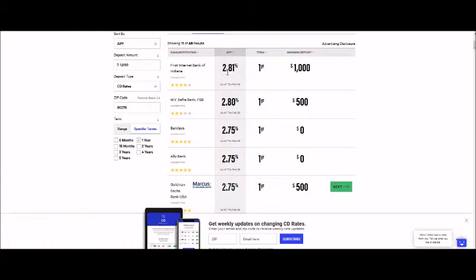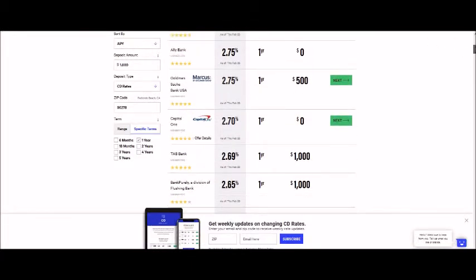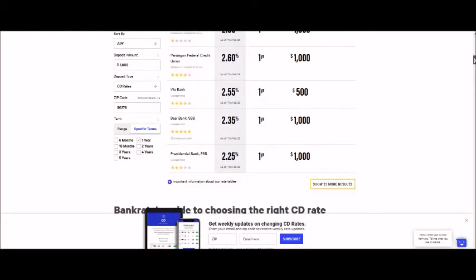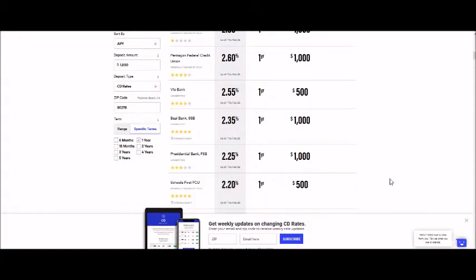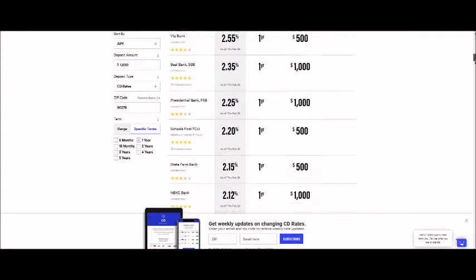So we can see the highest rate is 2.81% APY. And then just going down, and then the 2.7s, 2.6s, 2.35, 2.25. I can show more results. And it goes on further down here.